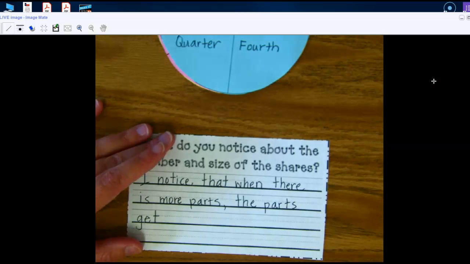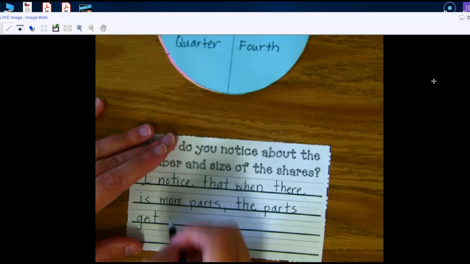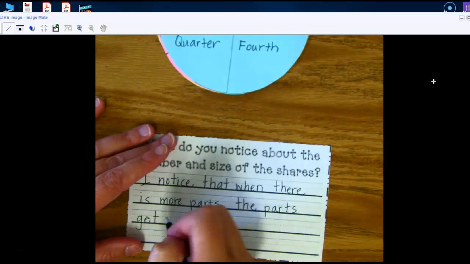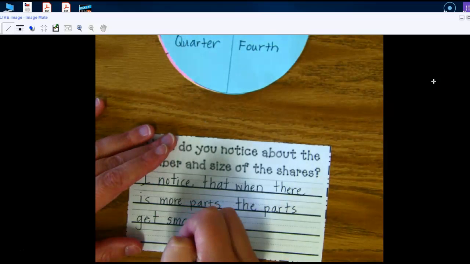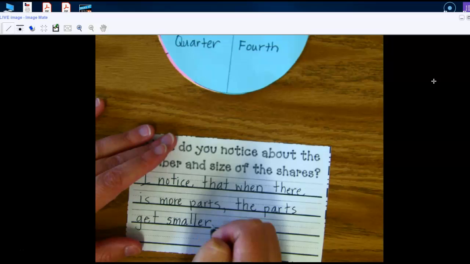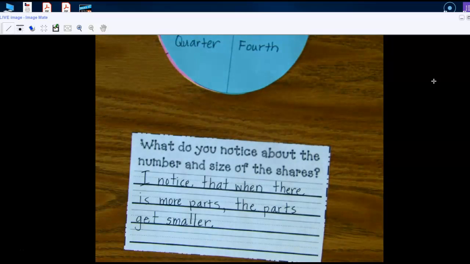Smaller. We just learned it. The more pieces there are, the smaller or bigger they get? Smaller. Remember, the more pieces, the smaller the pieces. So I notice that when there's more parts, the parts get smaller. More parts, smaller. The least amount of parts, bigger. The more people that have to share the pizza, the littler my piece of pizza is going to be.